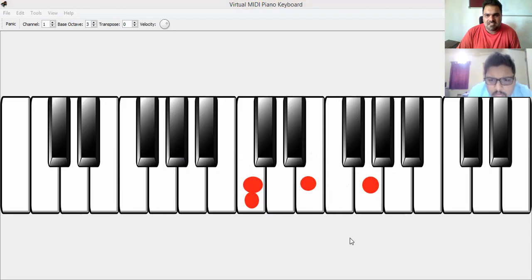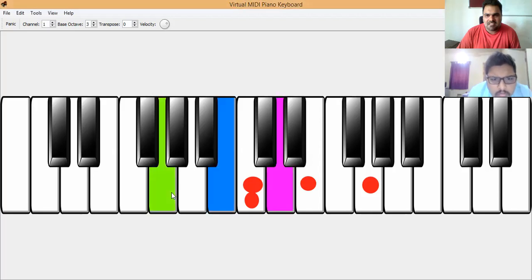Let me see whether I'm able to play the entire chord here, because sometimes it doesn't let me. One second. Okay, it's not letting me. Then it wants to resolve to this.